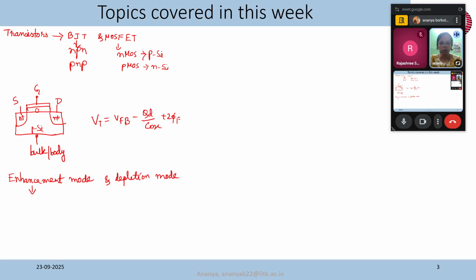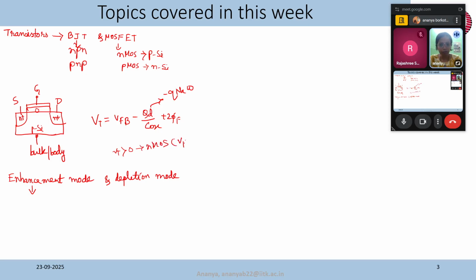We know that the depletion charge QD is q NA into W, which is negative for NMOS, so overall this term will be positive, and similarly the sign will be opposite for PMOS. So basically if our flat band voltage is 0, we get Vt greater than 0 for NMOS.